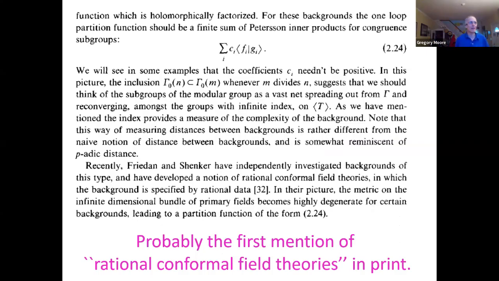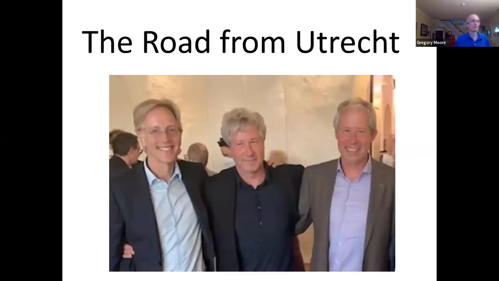And there's a paragraph in that paper saying, recently, Friedan and Shenker have independently investigated backgrounds of this type and developed a notion of rational conformal field theories, which is probably the first mention of rational conformal field theories in print.